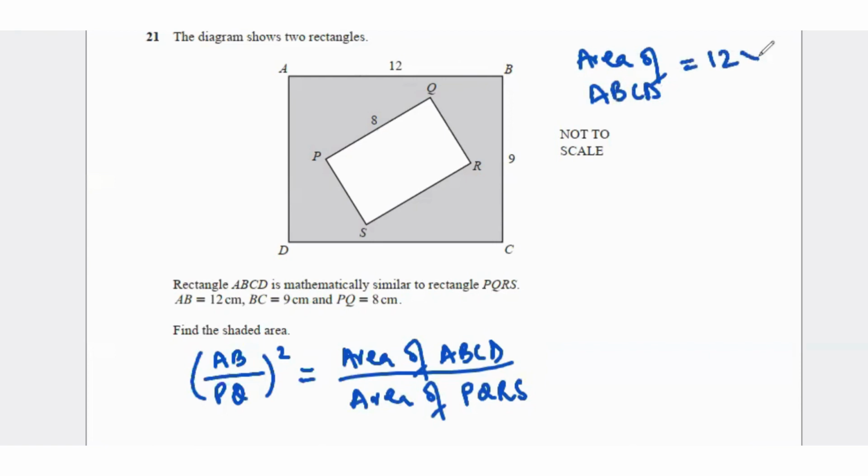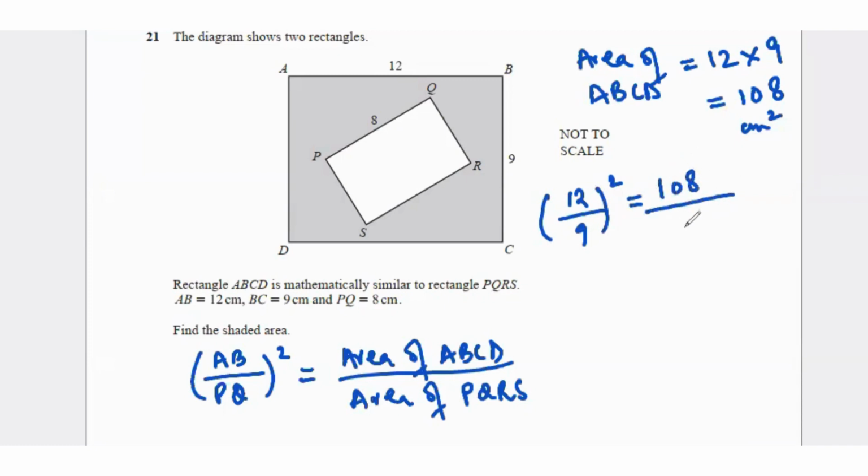So if we find the area of ABCD, that's going to be 12 times 9, which is going to be 108 centimeters squared. Then what I'm going to do is use this ratio. So AB over PQ is 12 over 8, squared, equals 108 over X, which is the area of PQRS.